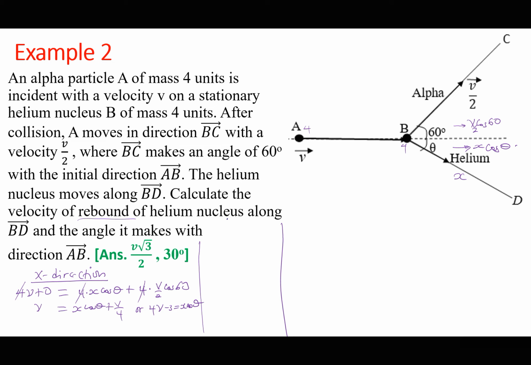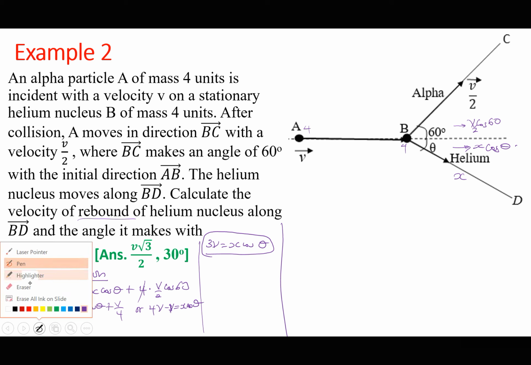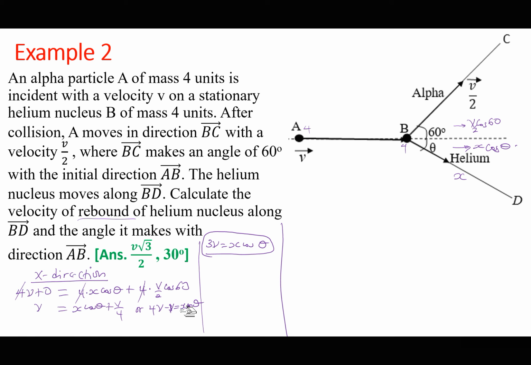So 4V minus V becomes 3V equals x cos of theta. That is going to be one of the equations I'm going to consider. No, I didn't multiply the 4 here. Sorry for that mathematics.